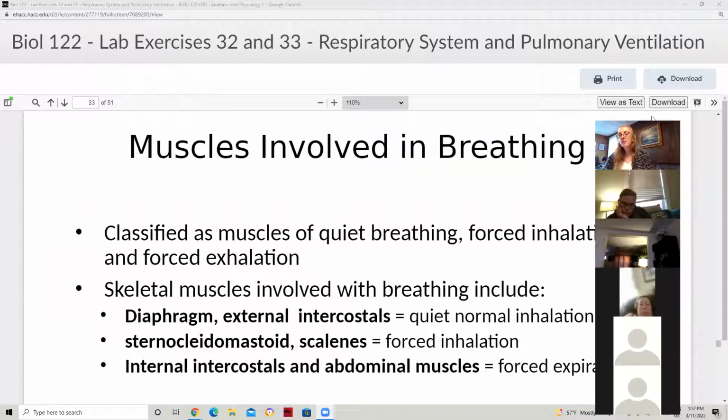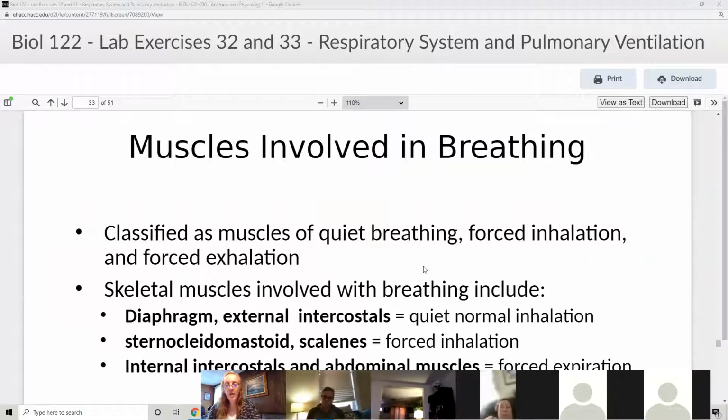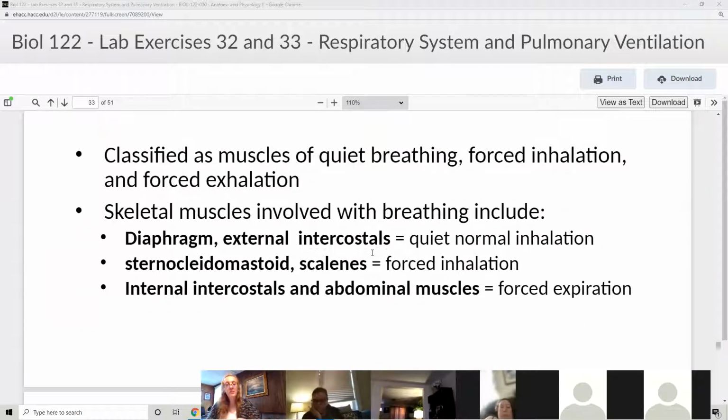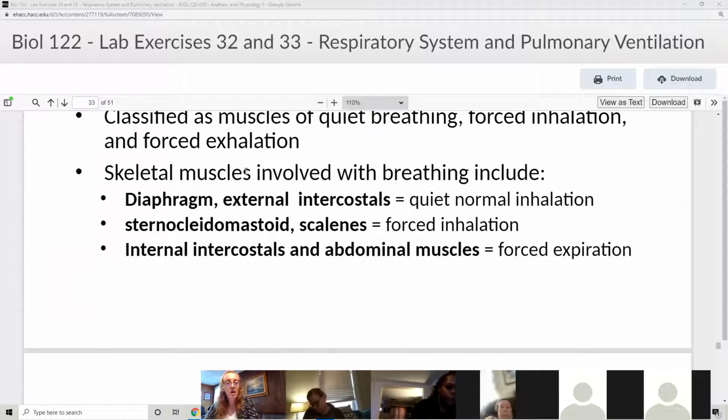So now I'm going to move forward. We kind of already talked about this. Classify muscles involved in quiet breathing, forced inhalation, and forced exhalation. Skeletal muscles involved in breathing include the diaphragm and the external intercostals.